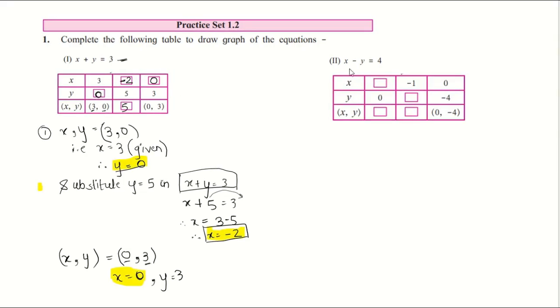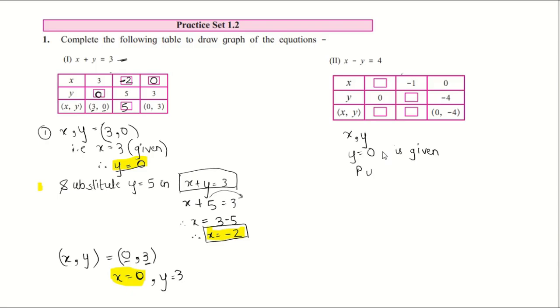Let's move on to the second equation, x minus y is equal to 4. We need to find out the value of x in the first scenario, and the value of y in the second scenario. Let's start with the first scenario, x comma y. What is given is the value 0 over here, y is equal to 0.